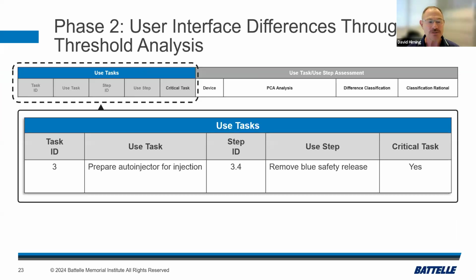What we propose is that we do it in a spreadsheet. There are multiple ways that you can put it together, but the first several columns are the use tasks. So identify the use ID, your use task, step ID, use step, and whether or not it's a critical task. Pretty much just as we've always done.